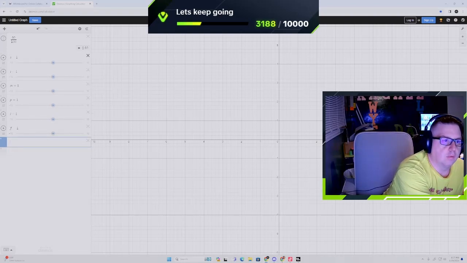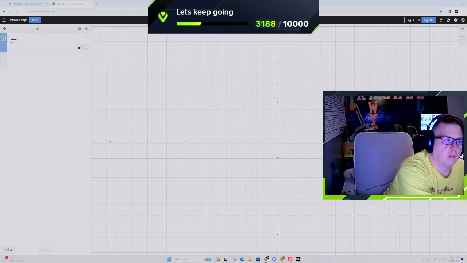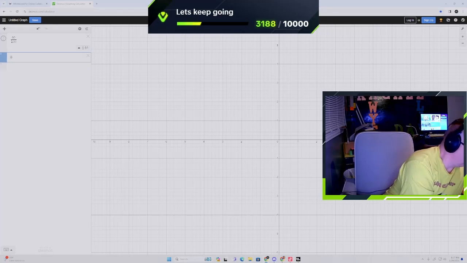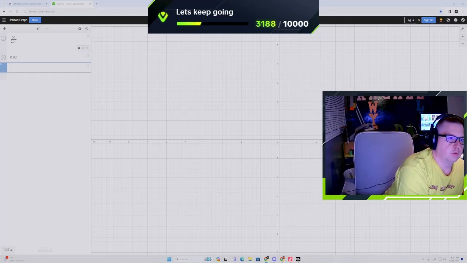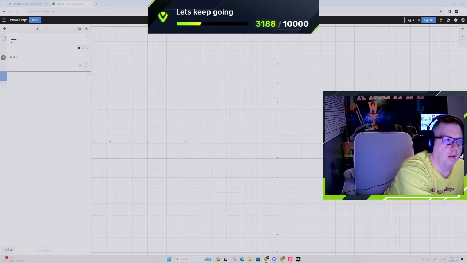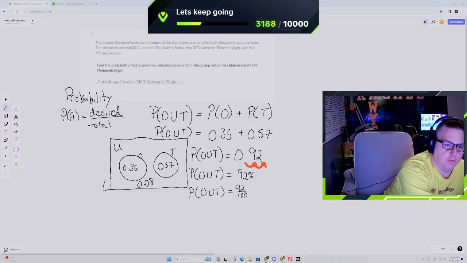No, that's not what we're looking for. 0.92. Here we go. Yep, click this button for Desmos calculator. And when we click that, you will get 23 out of 25, which is the simplified version of 92 over 100.